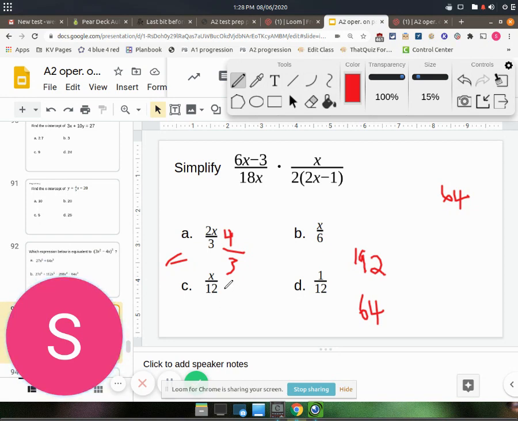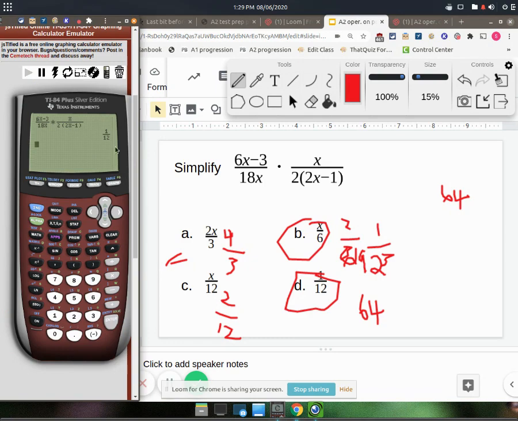For option C, you would get 2 over 12, which is equal to 1 over 6. For B, you would have gotten 2 over 6, which is equal to 1 over 3. But D came out to be exactly what we were looking for, 1 over 12.